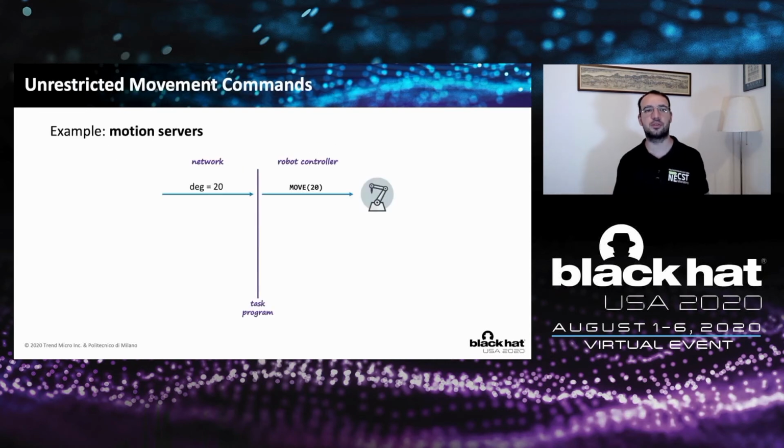So let's start with the first class of vulnerabilities, unrestricted movement commands. This vulnerability is mostly found in motion servers. A motion server is basically a program that allows the motion of a robot to be controlled externally from the network by an external party. So it's basically a program that receives a movement command over the network and translates it into one or more movement instructions and issues them down to the robot.